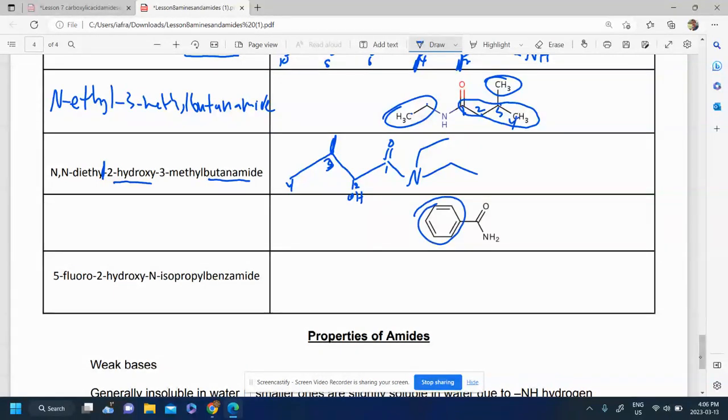This is a benzene with an amide group connected to it. Just like we had benzamine, we have benzamide. Like that. So now that we know what benzamide is, we can do this example over here. 5-fluoro 2-hydroxy N-isopropyl benzamide.